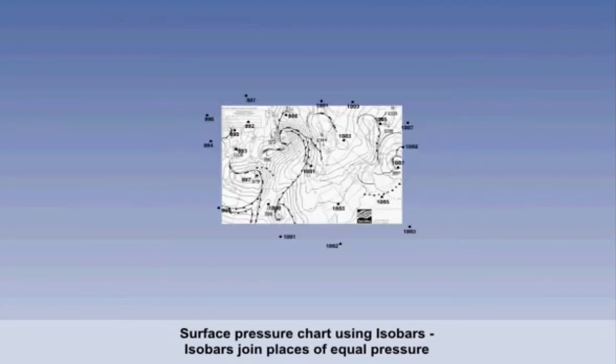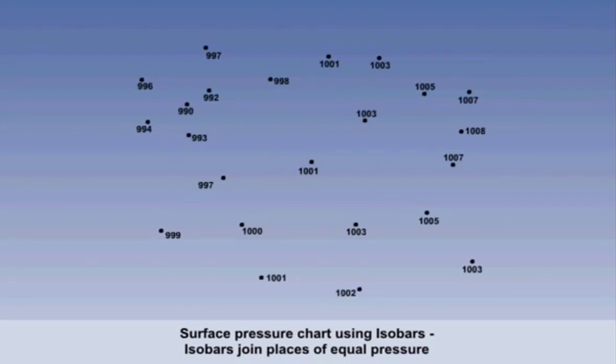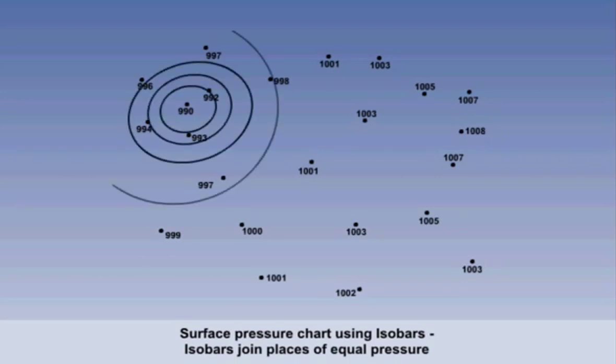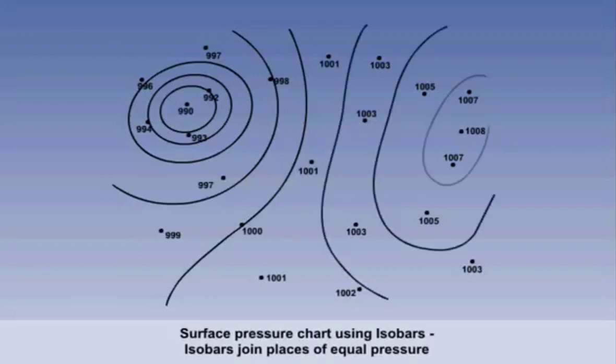If we look at the diagram, we can see various stations reporting their particular pressure values. If we now draw a line connecting all the areas with the same pressure, we end up with a pattern of lines over the surface. These lines are called isobars, and they join places of equal pressure.